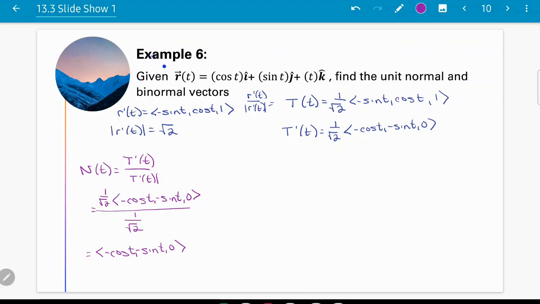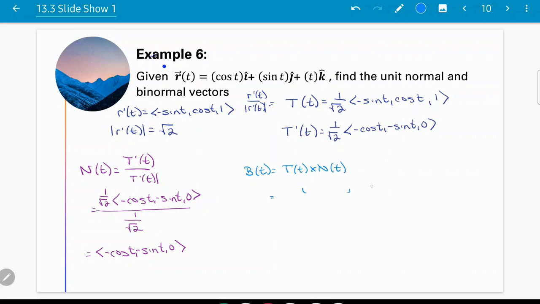And so what we can see is that the unit normal vector at any point on the helix is going to be horizontal, and it points towards the z-axis. So our binormal vector is going to be the cross product of T(t) and N(t).